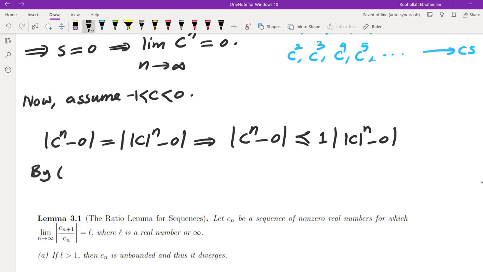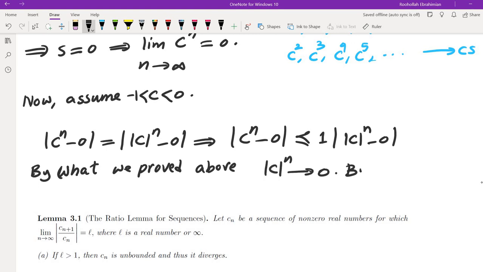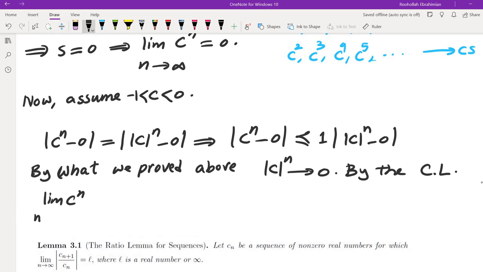By what we proved above, the absolute value of c to the n approaches 0. So that tells us by the comparison lemma, the limit of c to the n as n approaches infinity is in fact 0. So this completes the proof of this theorem.